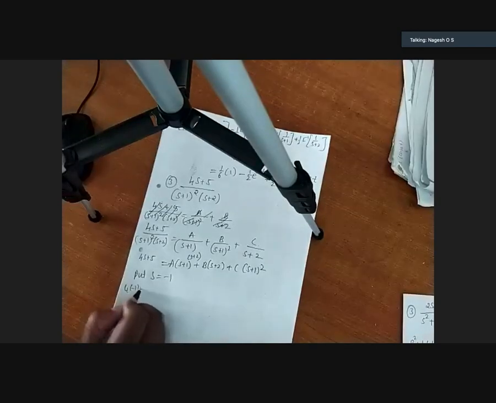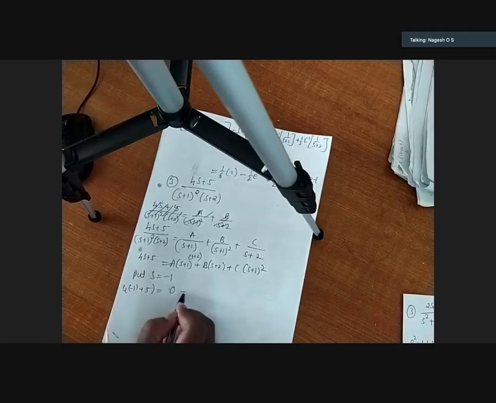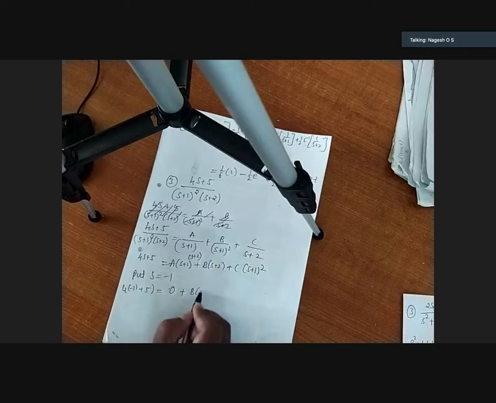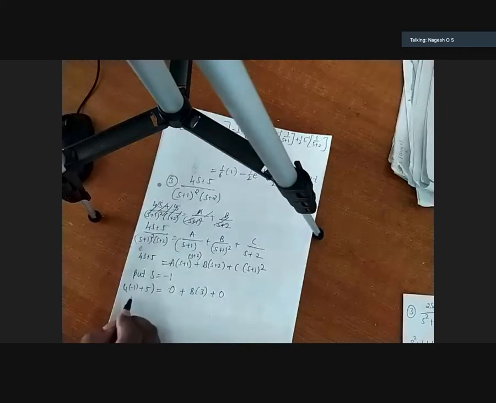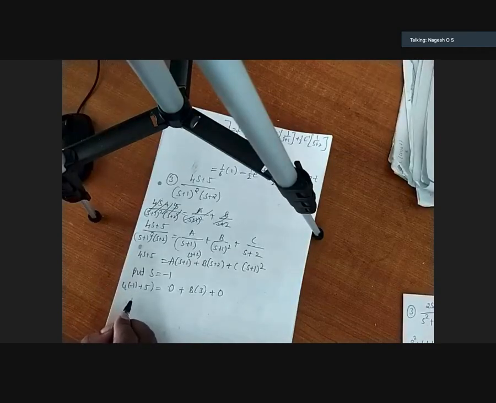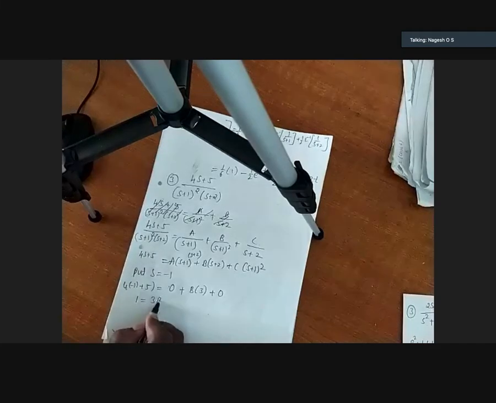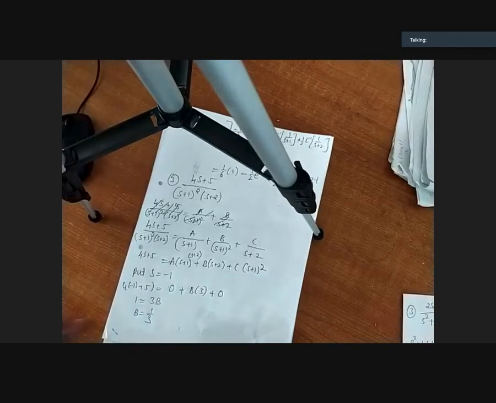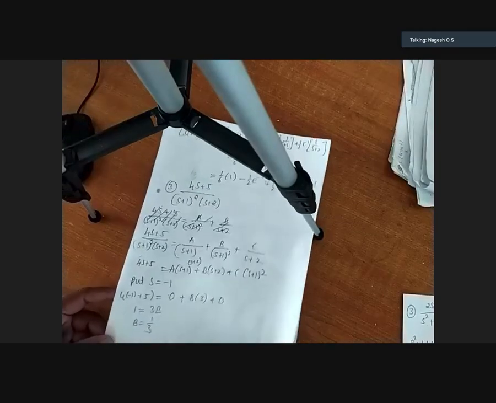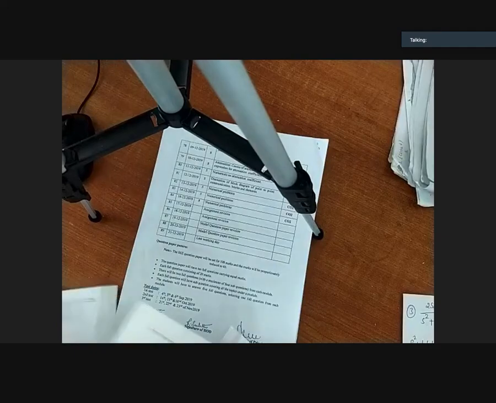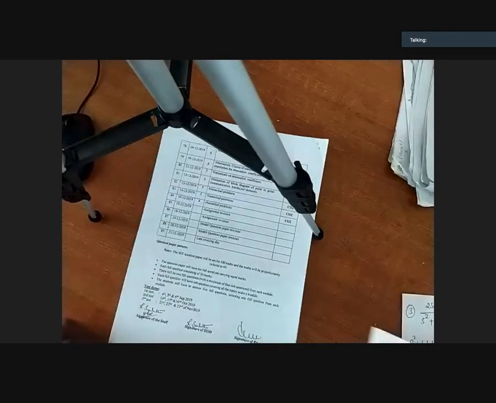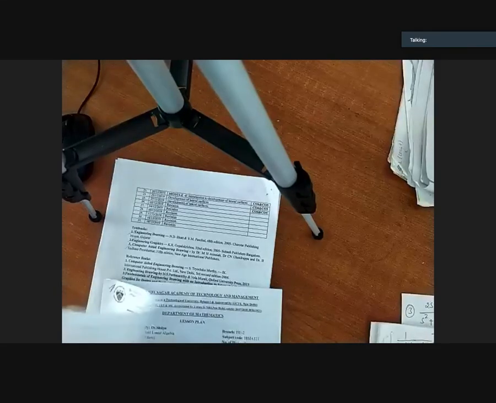This will be 4 into minus 1 plus 5 is equal to, this will be 0 plus minus 1, this will be 0, 3 into 0. 4 minus 4 plus 5 is 1. 3b, b is equal to 1 by 3.